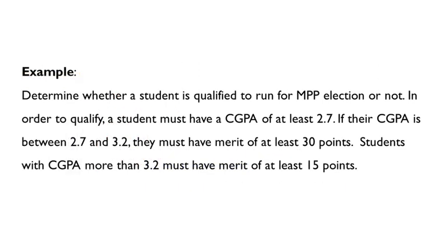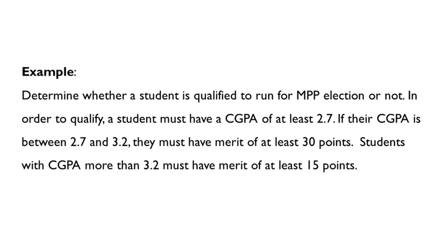Next, we move on to the third example of nested if statement. The problem here is to determine whether a student is qualified to run for MPP election or not. The next sentence is about the condition itself, what you need to put in the condition.